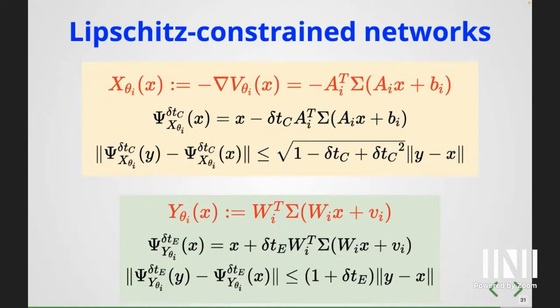And the reason why we did this is so that the integral of this is strongly convex. This is the gradient of a strongly convex function, and you can use one-sided Lipschitz inequality to prove the contractility of the dynamics.